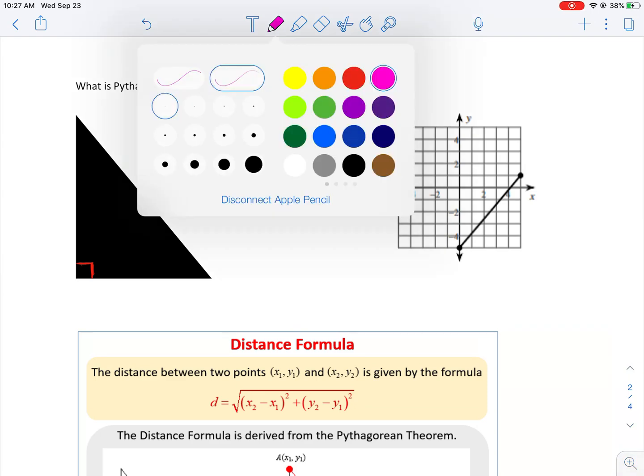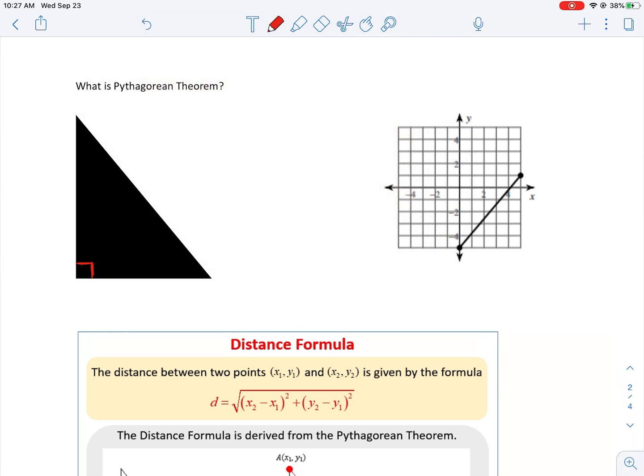What is Pythagorean's theorem? We discussed it the other day. Pythagorean's theorem is used only for right triangles, and its formula is a squared plus b squared equals c squared.